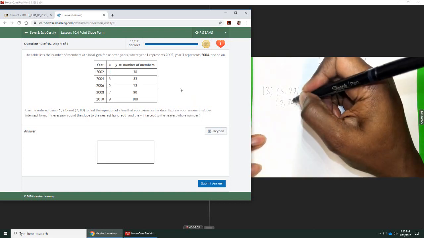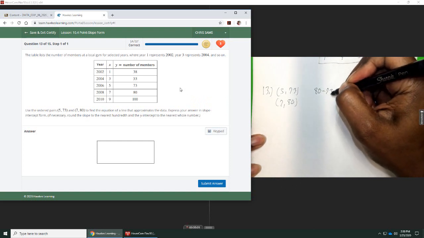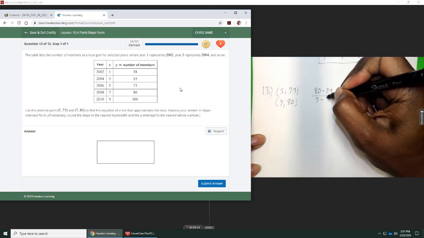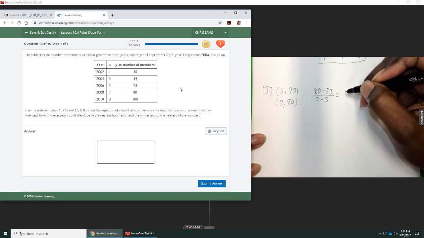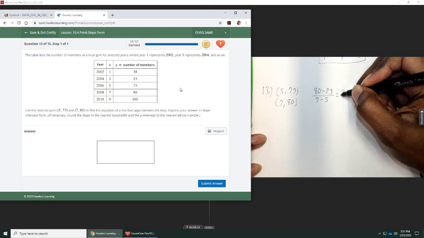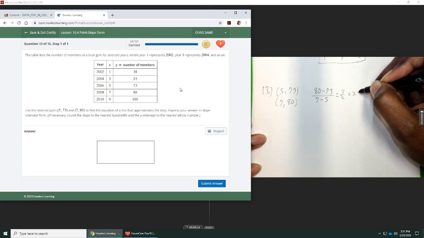Okay, so first find the slope. Y2 minus Y1. So 80 minus 73. X2 minus X1. So 7 minus 5. This gives us 7 over 2, which is about 3.5.